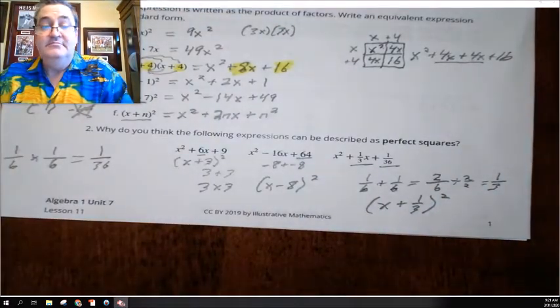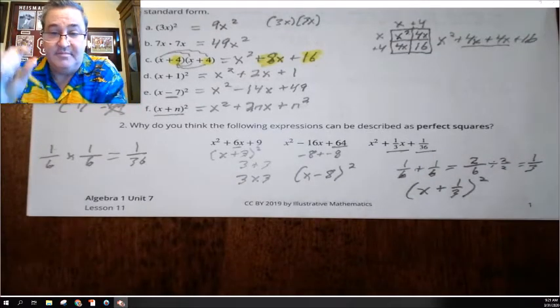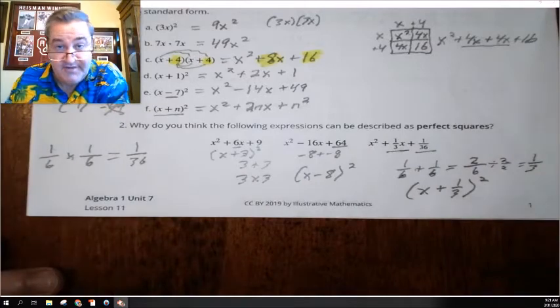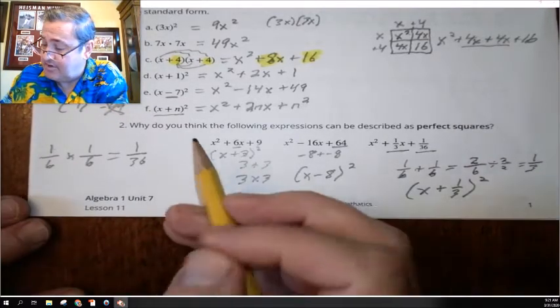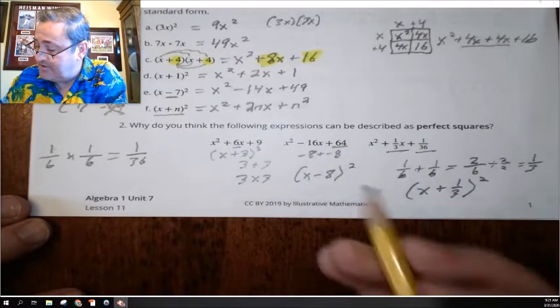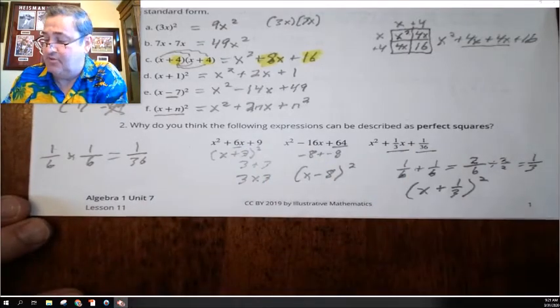Because we can take a binomial, the two-term expression, and square it to get this standard trinomial, tri being three terms. So each of these trinomials can be broken down to a binomial that we square. So these are known as perfect squares.